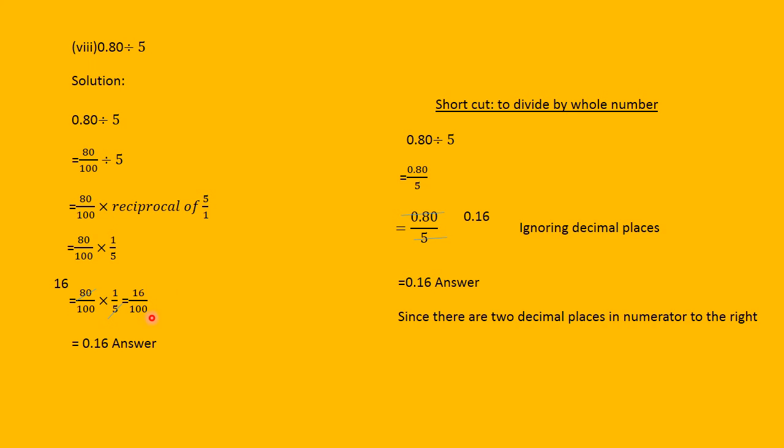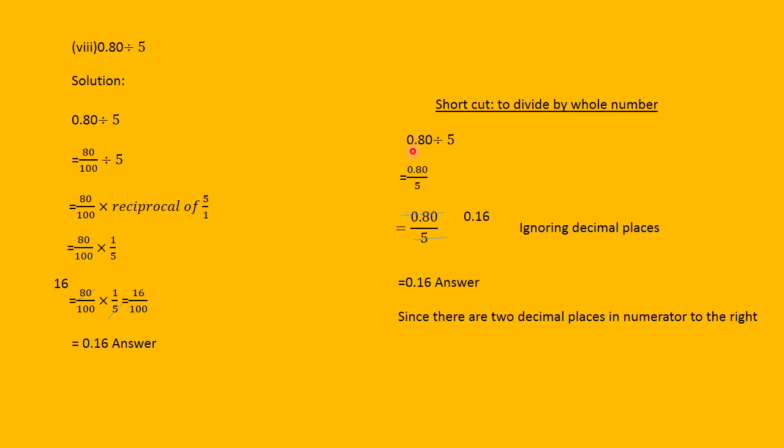Now in 16 upon 100 the denominator has 2 zeros, so in the answer you should have 2 places after the decimal point. You will start from the right, 6, 1, and put a decimal point. 0.16.